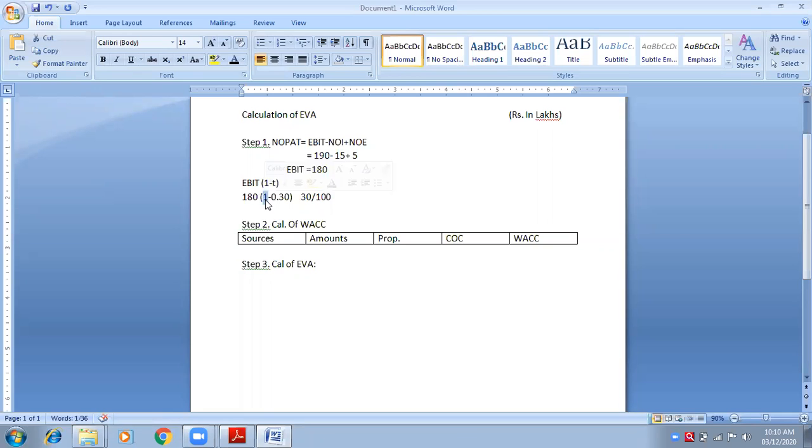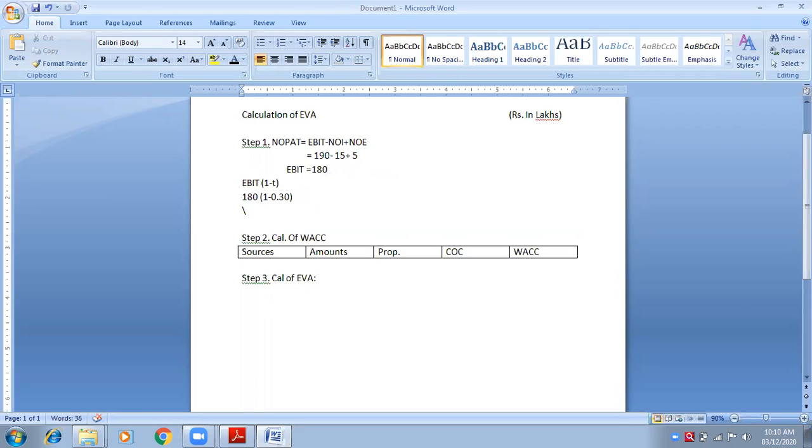How can I deduct a percentage from a number? I can deduct a number from a number. Therefore, I need to convert percentage into decimal, that is 0.30. Now it is very simple.